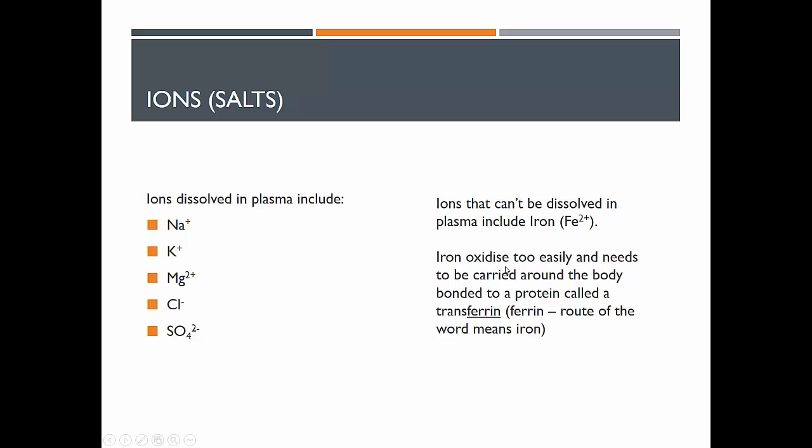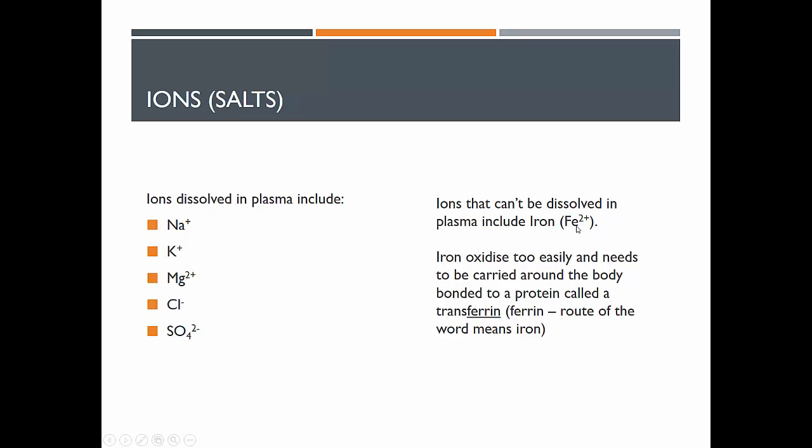Alright, ions. Some of them can just be dissolved, like sugar in water or salt in water. They are just dissolved into a watery liquid, and plasma is mostly water. So we have sodium, potassium, magnesium, chloride ions, and sulfate ions, which can all be dissolved, which is pretty cool.